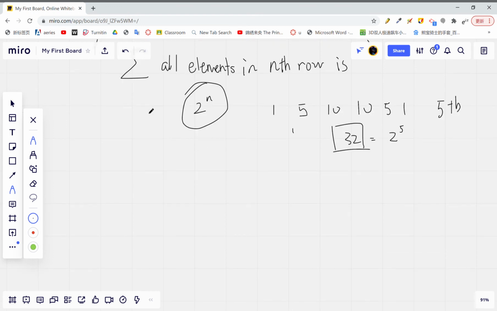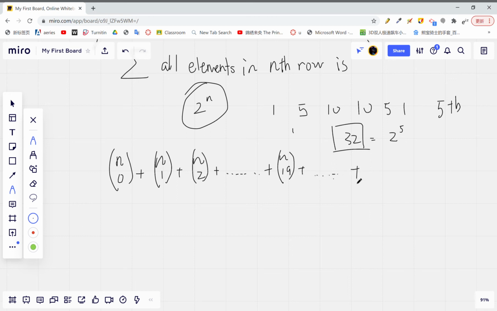And this gives us a formula that n choose 0 plus n choose 1 plus n choose 2 plus and so on, plus n choose 19, plus and so on, plus n choose n minus 1 plus n choose n.